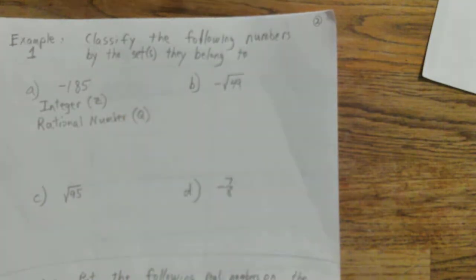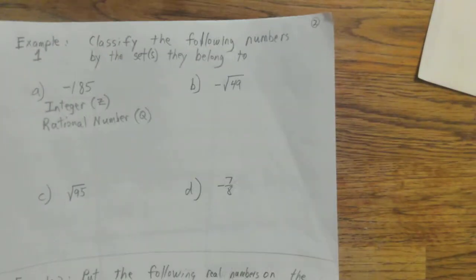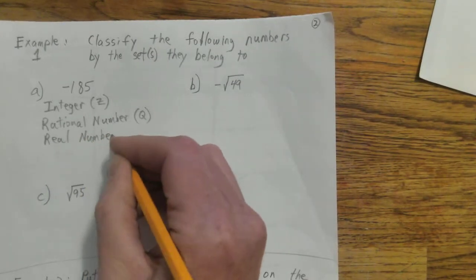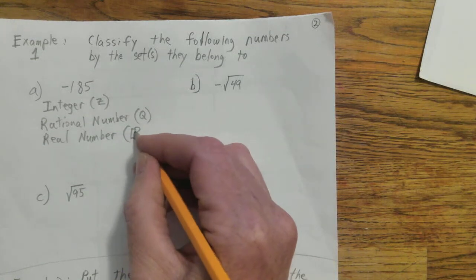We'll put Q. And if it's a rational number, then it is also a real number, which is our fancy R.